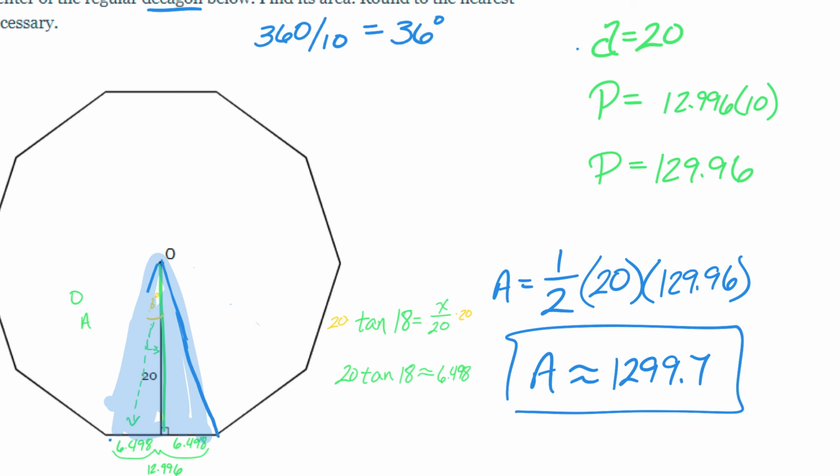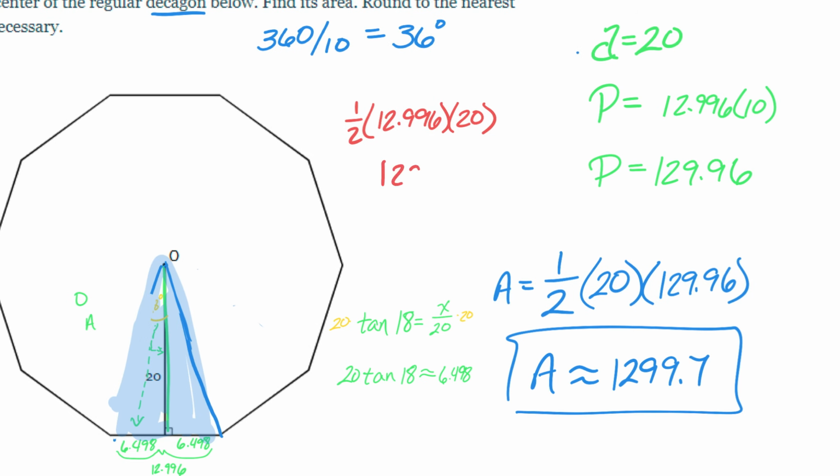So if you choose to find the area of that triangle, the base being 12.996 times the height, which was 20, when we put this into our calculator, we get 129.96. That would be one of the 10 triangles, so we would have to multiply times 10, and that is, of course, the same answer. I don't care which way you do that, but those are your two options.